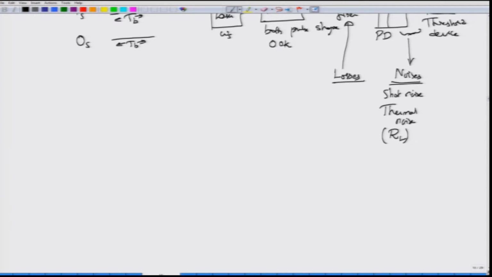What would the losses do? Suppose you transmit power P1 when you are transmitting a bit 1 or the symbol 1. You start with a power P1. However, as a function of the length of the optical fiber, this power P1 starts to drop. So, at some length L here, you say that I am going to stop at this point, because if I let it go further, then the optical power would be reduced below what my detectors can detect.